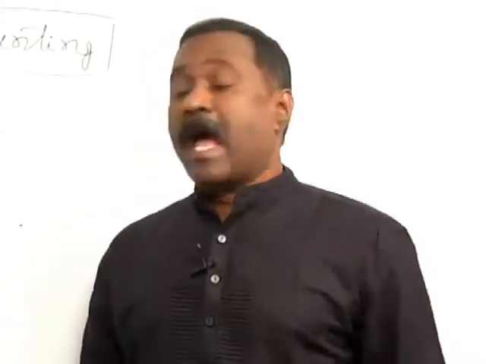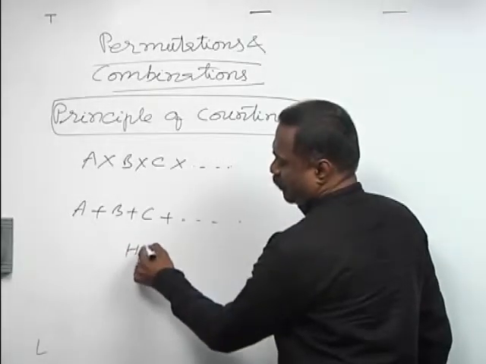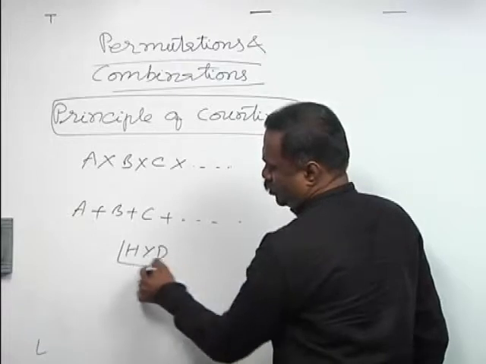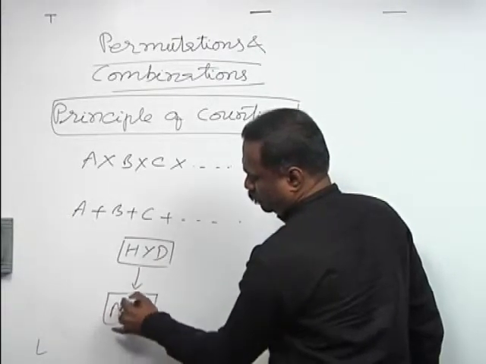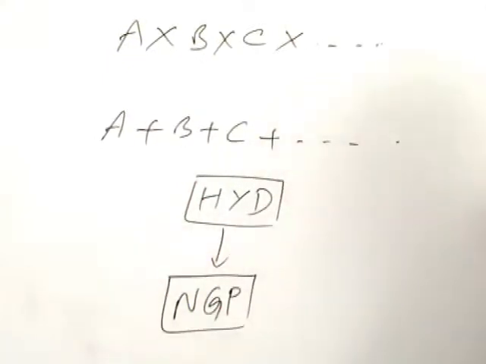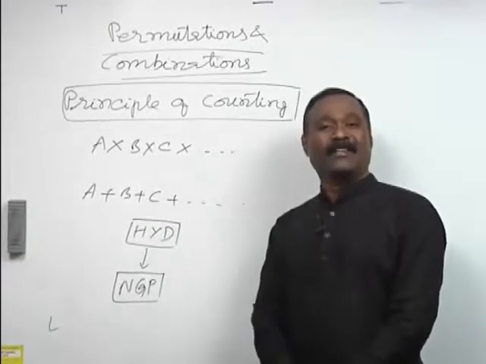Then a ticket will be given, and on that ticket you will have the two stations printed like this: Hyderabad to Nagpur, HYD for Hyderabad and NGP for Nagpur.